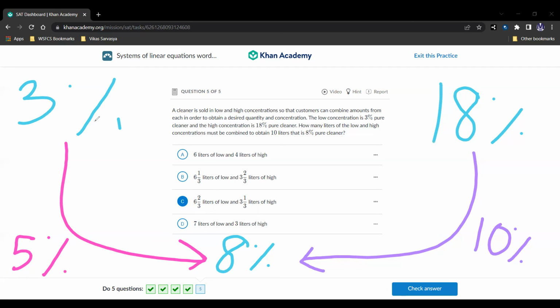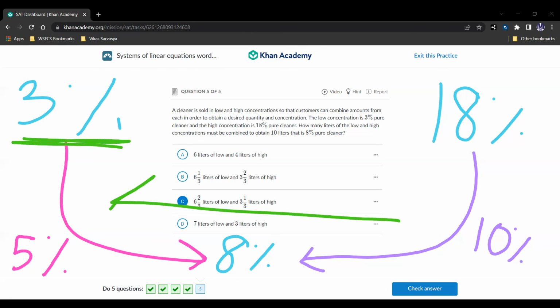All right, because it's kind of like a weighted average scenario, right? If you can imagine that, if we use double the amount of this part, then we push it over more to this side. So we're using double the amount of 3% as 18%.